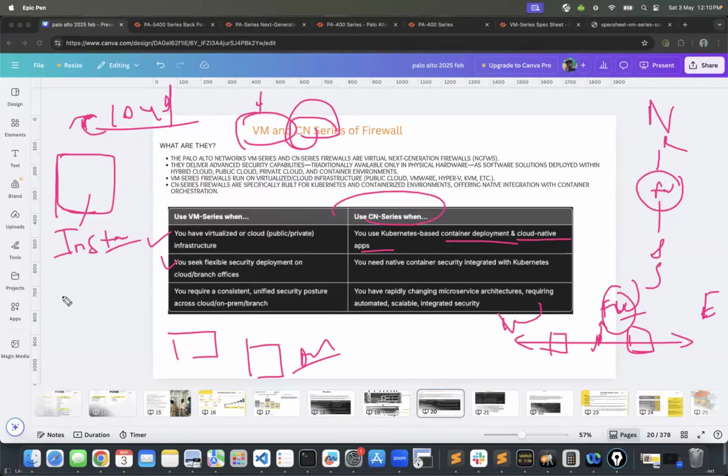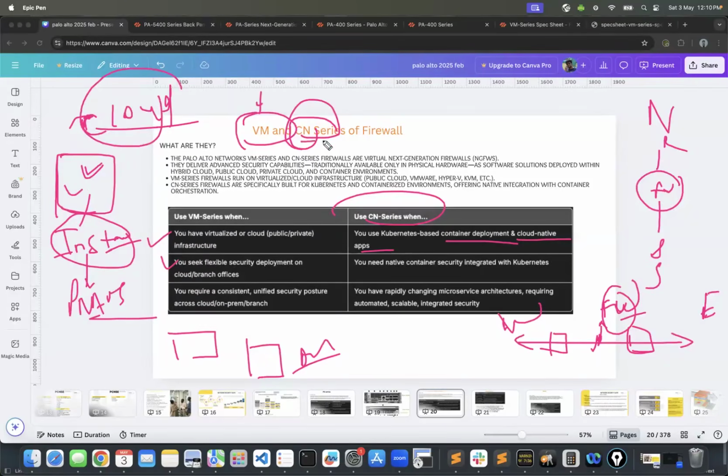I'm not talking about any specific vendor, instance means a cloud instance. And in the OS, just install PAN-OS. Your physical firewall or your VM firewall will be over the cloud. That is one of the very good uses of VM series firewall.